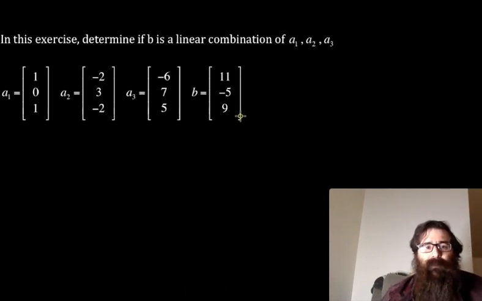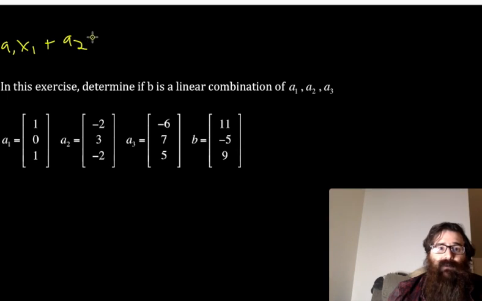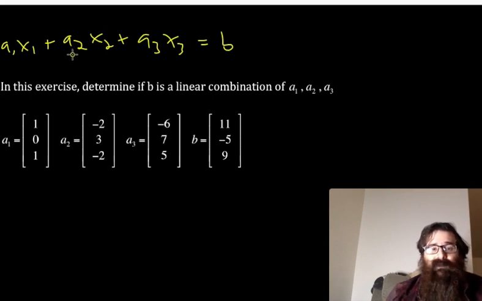Let's take a look at an example. I want to determine if this vector b is a linear combination of these vectors a1, a2, and a3. If that's going to be the case, we can think back to what our definition said a bit ago. If b is a linear combination, then a1 times x sub 1 plus a2 times x sub 2 plus a3 times x sub 3 would be equal to b, for some scalar weights x1, x2, and x3 that I'd want to solve for.